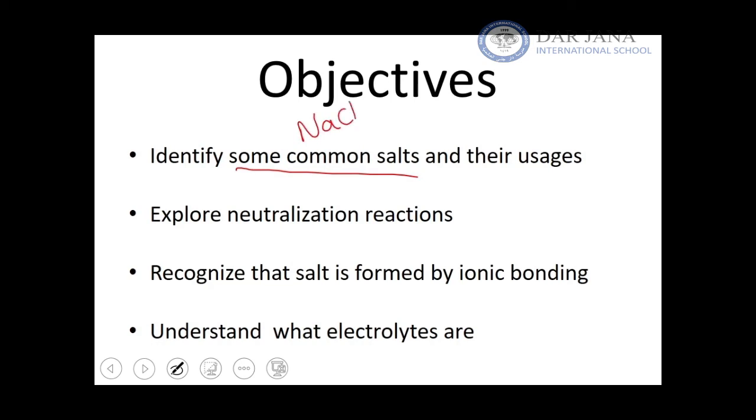Sodium chloride is not the only salt in the world. And we're gonna explore what a neutralization reaction is, just as we did, and we're gonna recognize that salt is formed by ionic bonding, and to understand electrolytes. Okay, what electrolytes are.